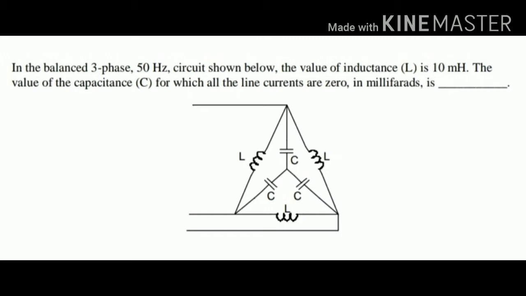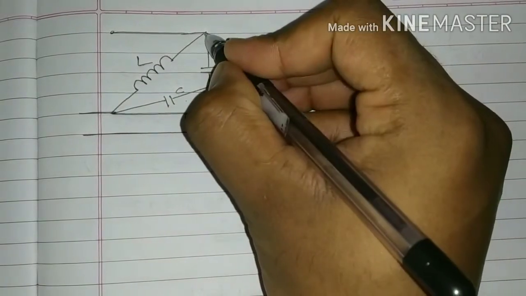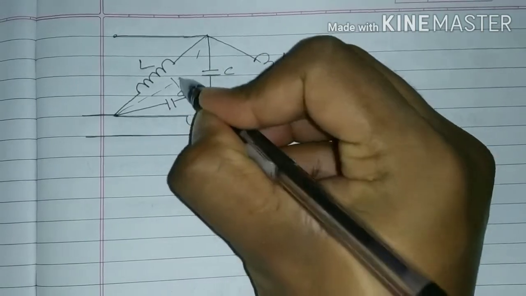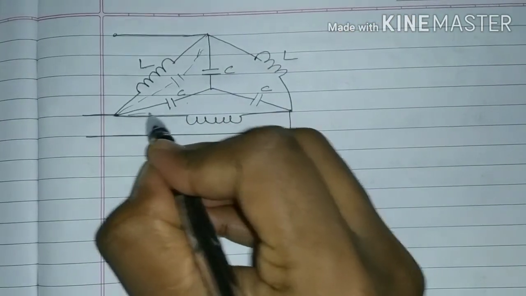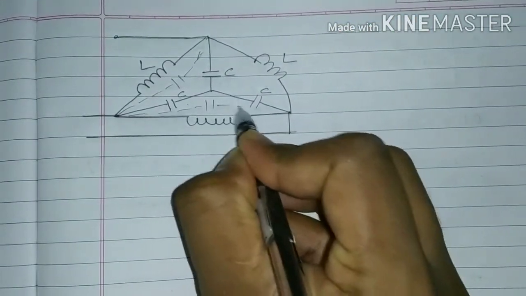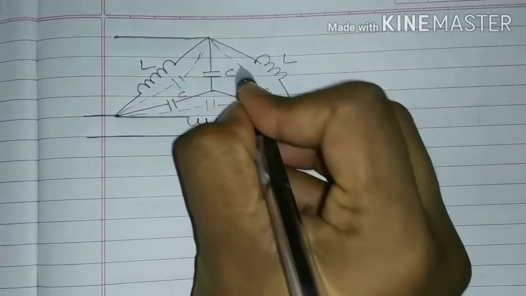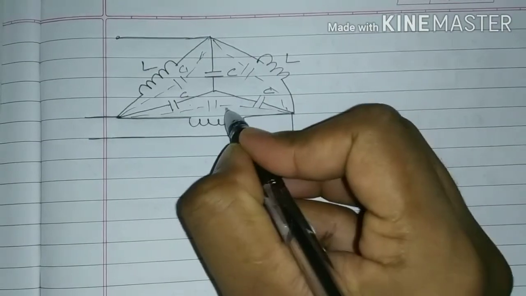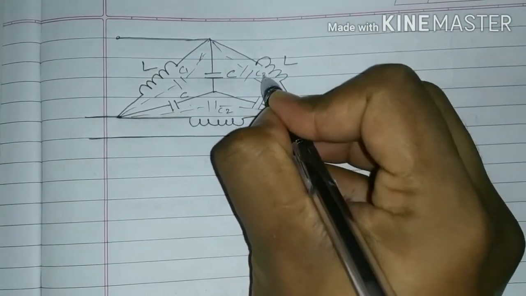In this question, we have to find out the value of capacitance for which all line currents are 0. First of all, let's convert these star connected capacitors into a delta connection. The formula for star to delta conversion of a capacitor is not the same as that for a resistor. I will provide the link for the derivation of star to delta transformation of a capacitor in the description below.